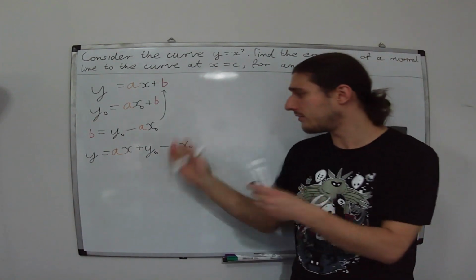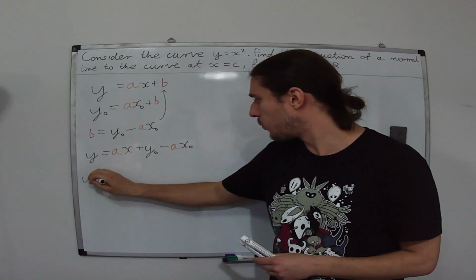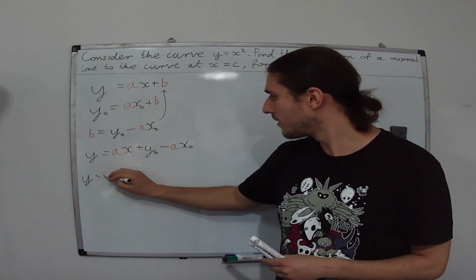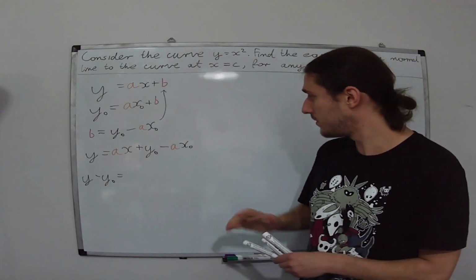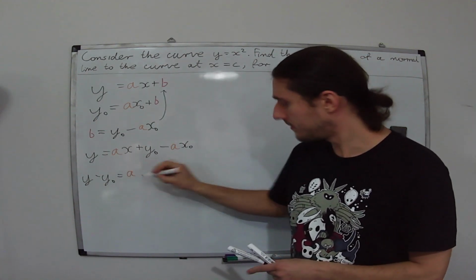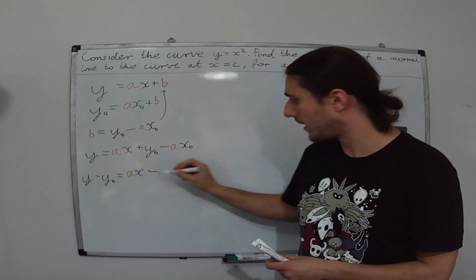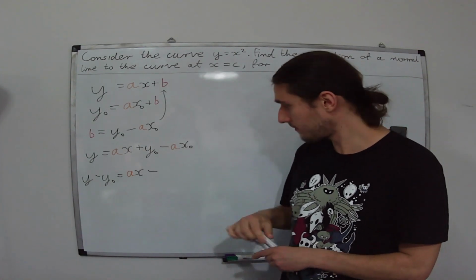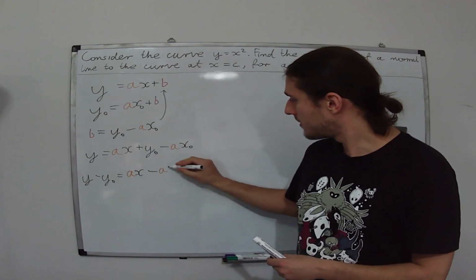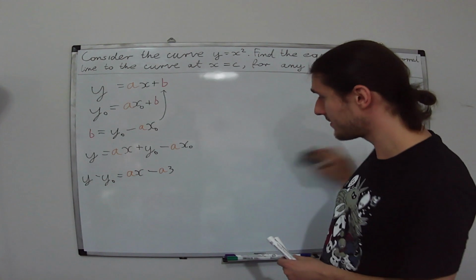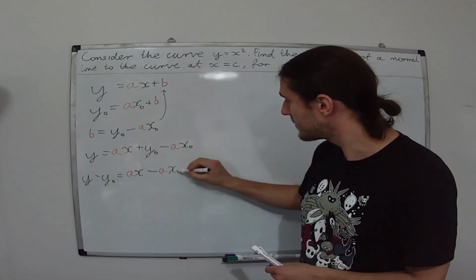Cool, we're getting somewhere. We can reorganize it to make it a little bit clearer. Let's get y's to one side. y minus y null is equal to a times x minus a times x null.